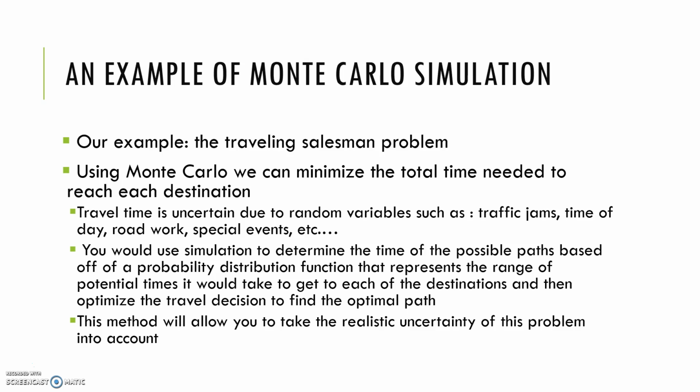So this method for the traveling salesman problem really lets you take into account the realistic uncertainty of the actual time it'll take to get from one location to another. You're able to take the uncertainty and, based off of probabilities, come up with an optimal travel time for the traveling salesman problem.